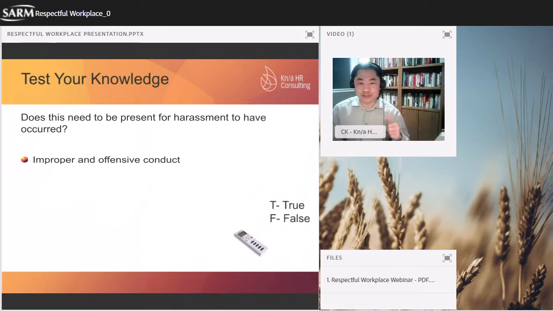Either T or F, or thumbs up, thumbs down. All right, I think it's fairly unanimous here that yes, in this case, improper and offensive conduct, harassment has occurred in this situation.